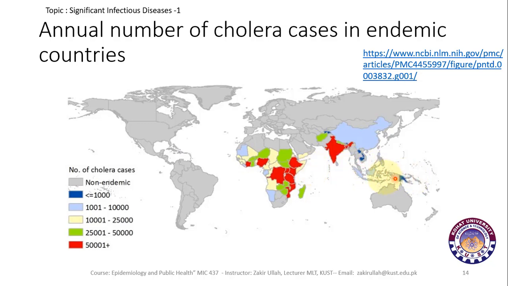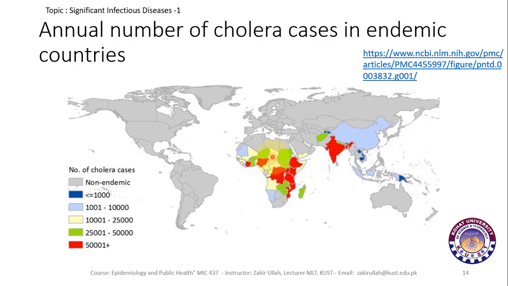This bluish region shows the areas in which the annual cases are roughly 1000 cases per annum, and this lighter blue area shows the area in which the number of cases is from 1000 to 10,000 cases per year. This whitish area shows the number of cholera cases from 10,000 to 25,000 per year.